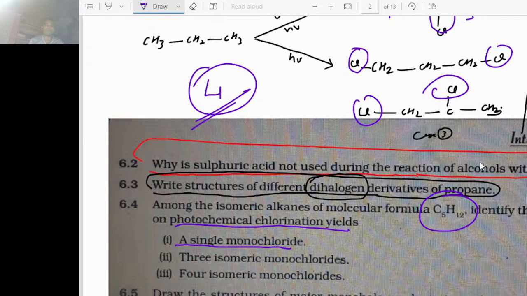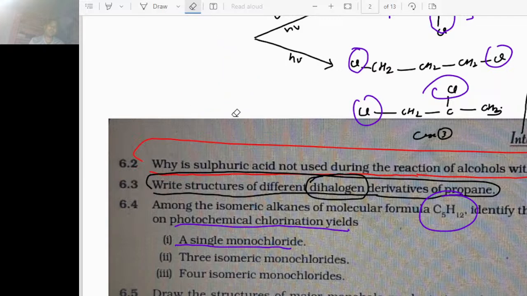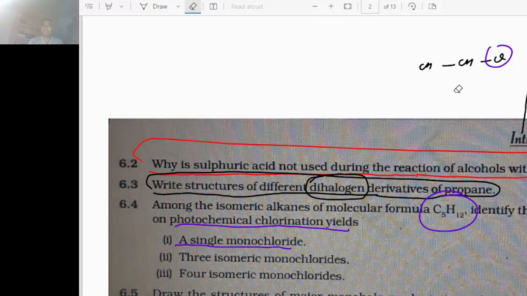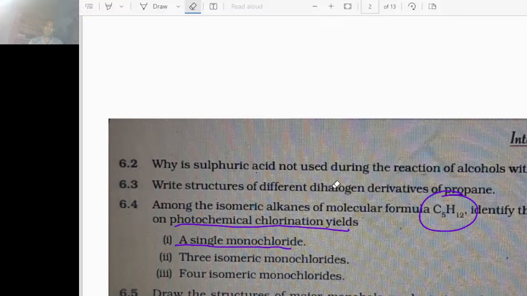Let me erase first, to see if all the halogens are the same type, so they are going to give a similar product, that you need to keep in mind, okay. If all the hydrogens are identical, the product is also going to be identical.